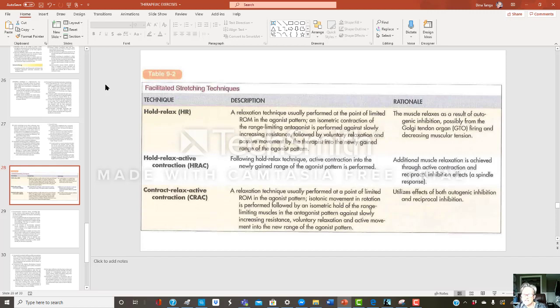Utilizes the effect of both autogenic inhibition and reciprocal inhibition. So here is another one that needs more time.